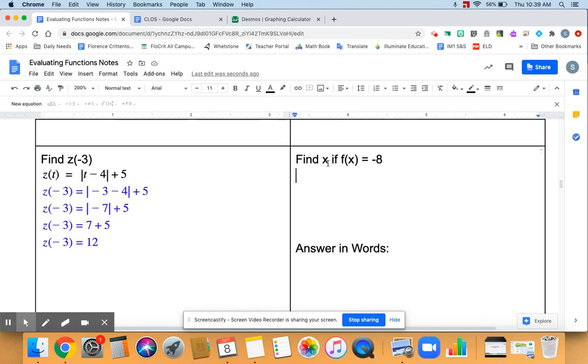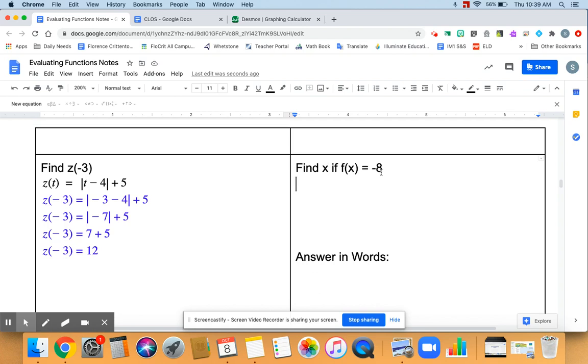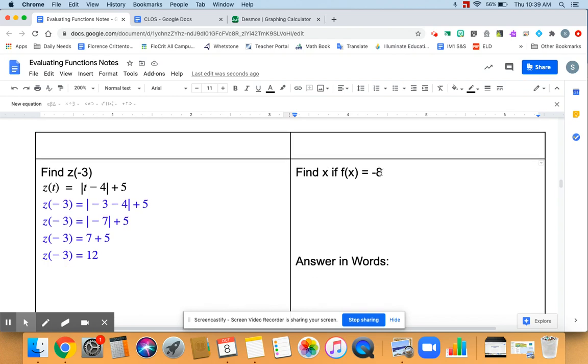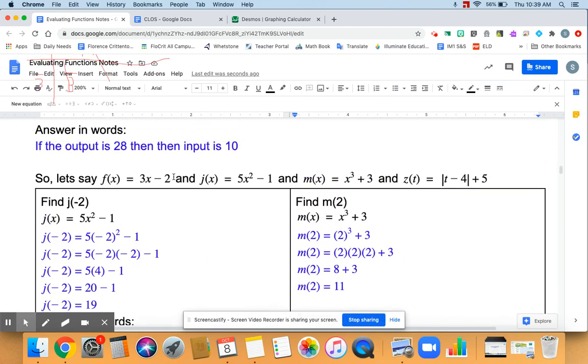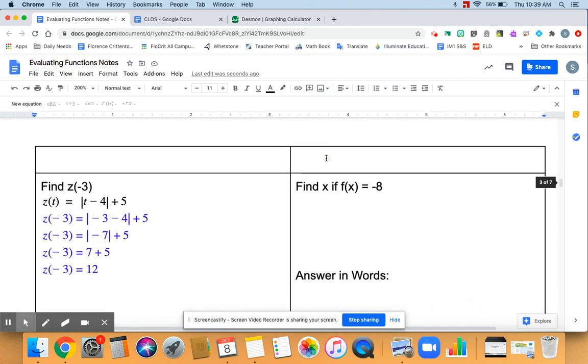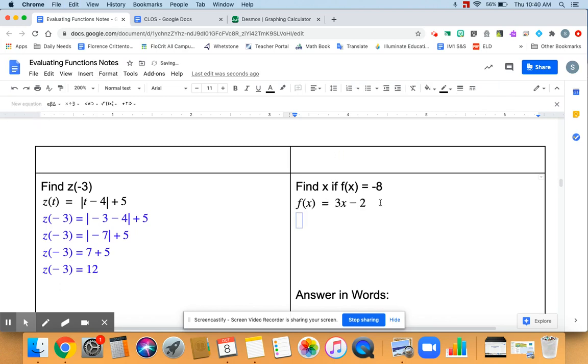For this one, though, it's slightly different. This one says find x if f of x equals negative 8. So let's go grab f of x. But this time, instead of saying x is negative 8, it's saying the f of x is negative 8.